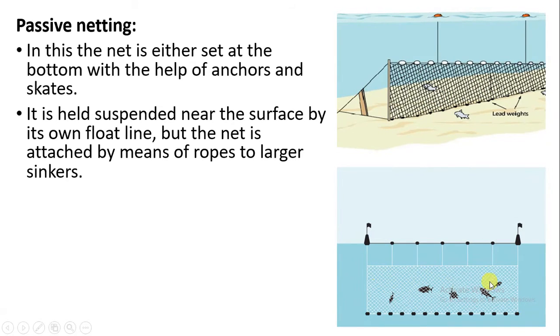Here in the second diagram you can see किस तरीके से जो passive net है it is suspended in the water near the water surface by the help of the floaters which are present in the float line. And here this net is having some ropes and here you can see in the lower line there is presence of the sinkers also.